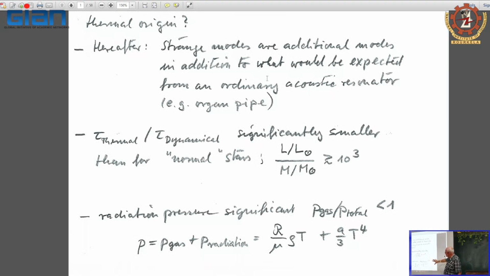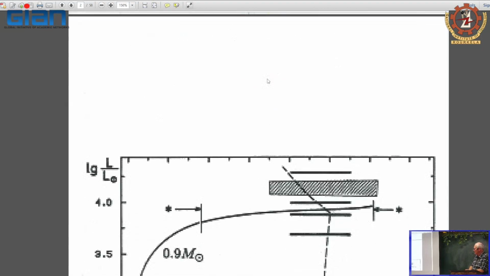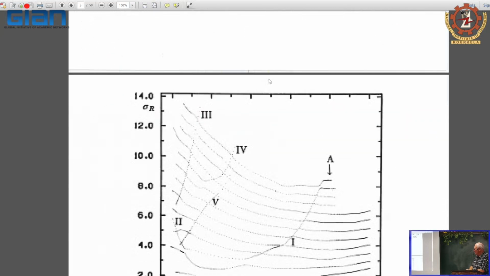So there are two properties which are special with these stars: small thermal timescales and small contribution of gas pressure, or in other words, dominant radiation pressure. Radiation pressure is important for these stars. At the same time, the thermal timescales are small compared to the dynamical timescale.